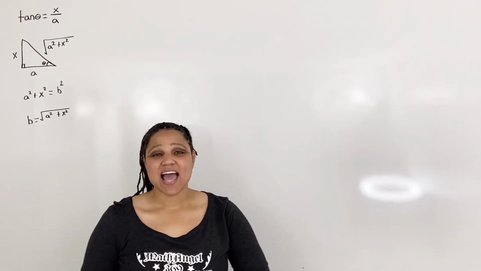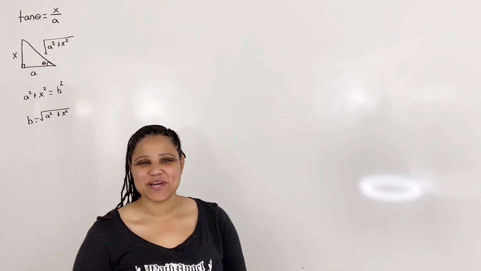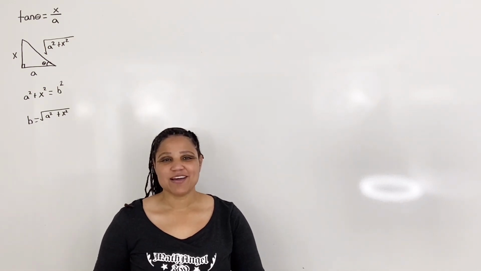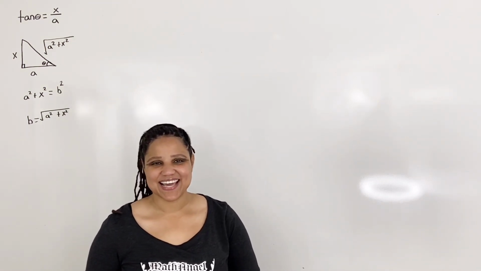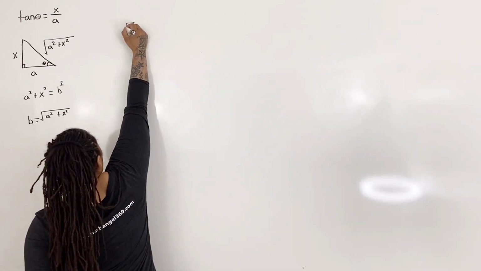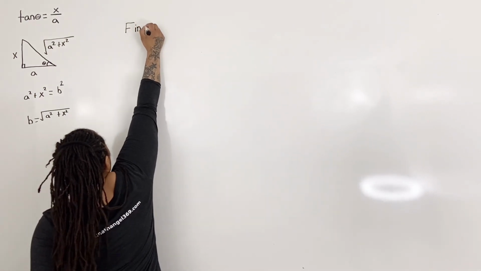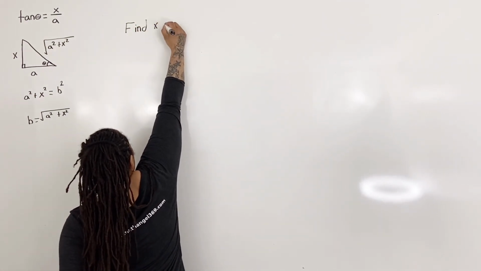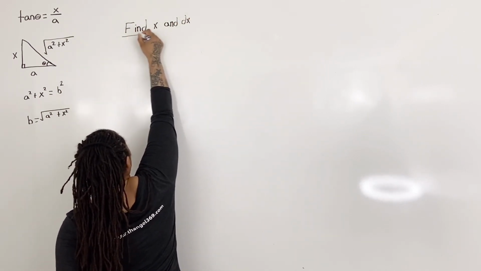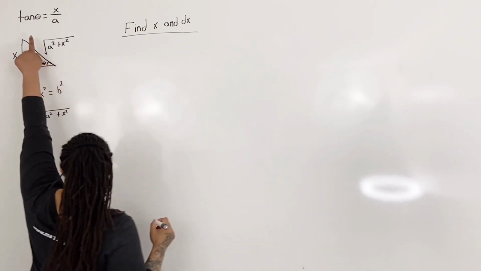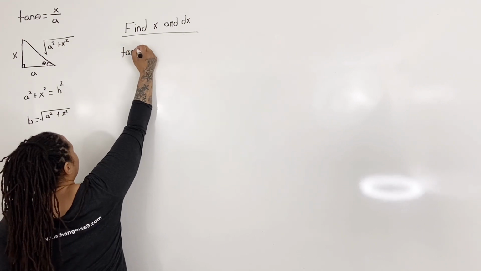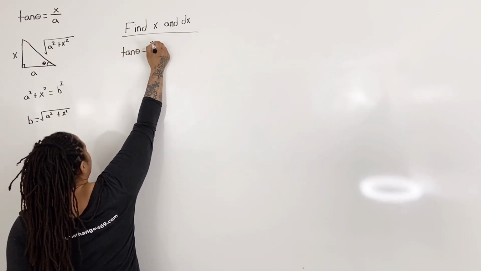Next, we discuss how to prepare our trig equations for substitution. The first thing you're going to do is find x and dx. So we have that tangent of theta is equal to x over a.